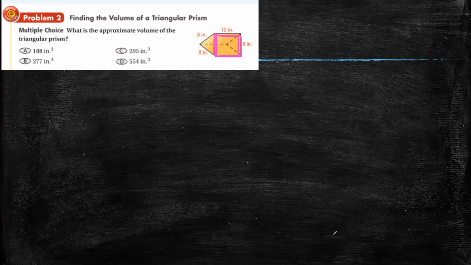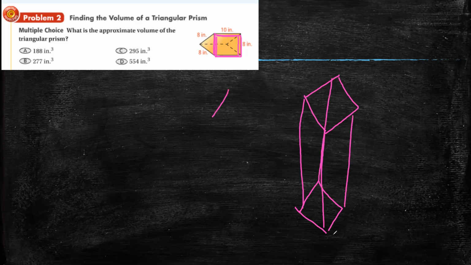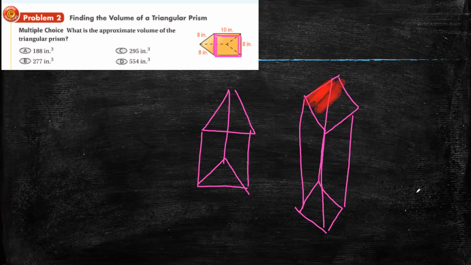Now for the prism, I told you that the prism is two polygons, and these two polygons are parallel to each other, like this one, or like this one. So the prism means I have two bases that are parallel to each other.